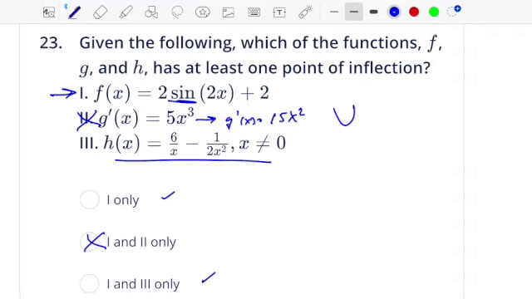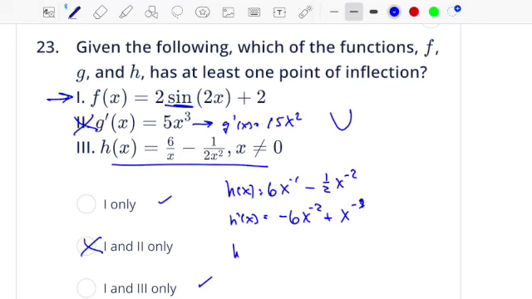So take the derivative. That is 6x to the -1 minus 1/2 x to the -2, just rewriting it. So h prime of x is -6x to the -2 plus x to the -3.